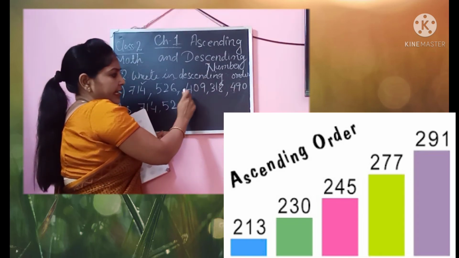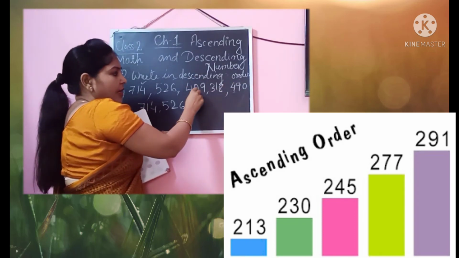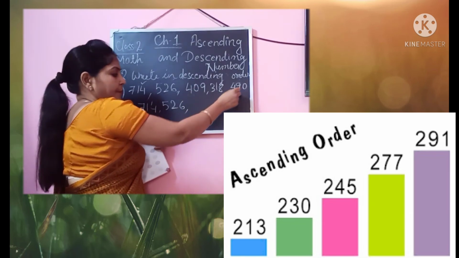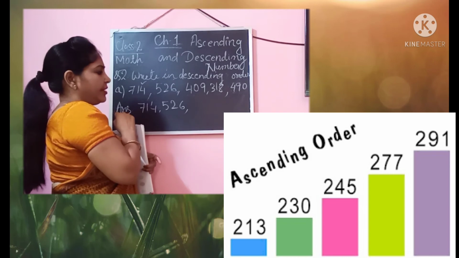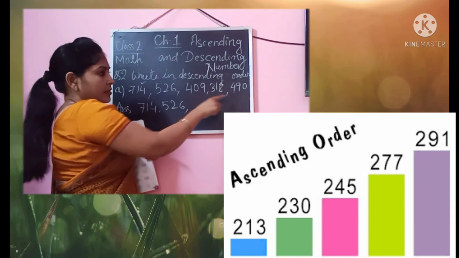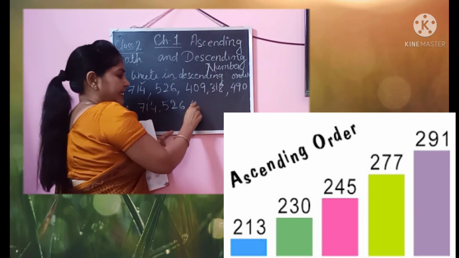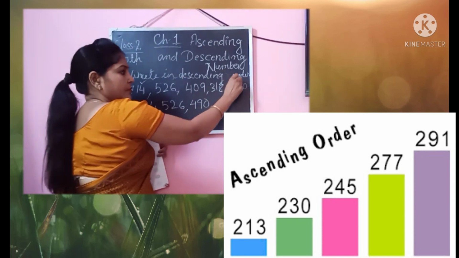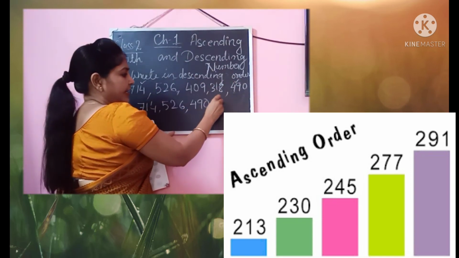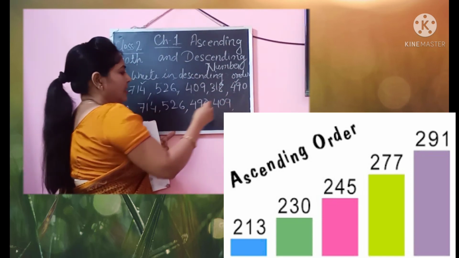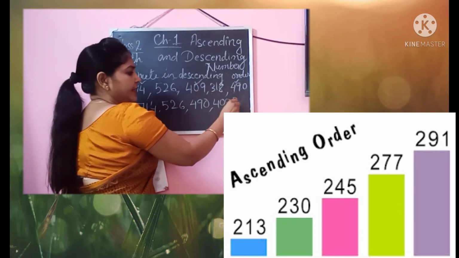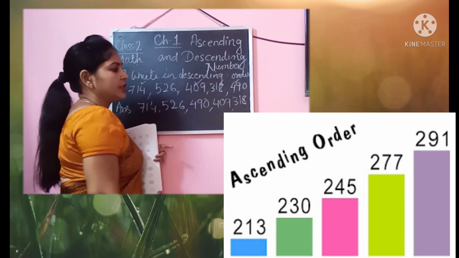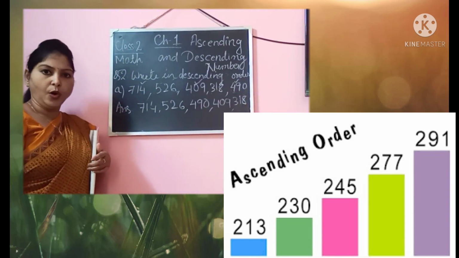We go to the next place value, that is the tens place. Here it is 0, here 9. Which one will we write? Bigger is this one, 490. Then we have 409. And the smallest is 380. So this is your descending order.